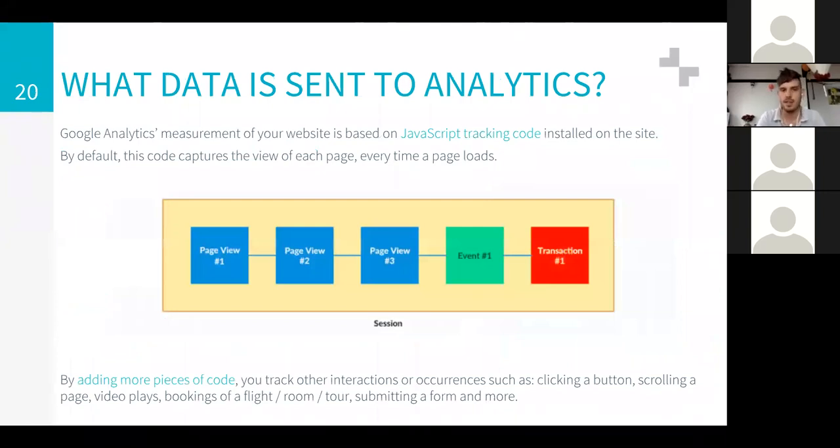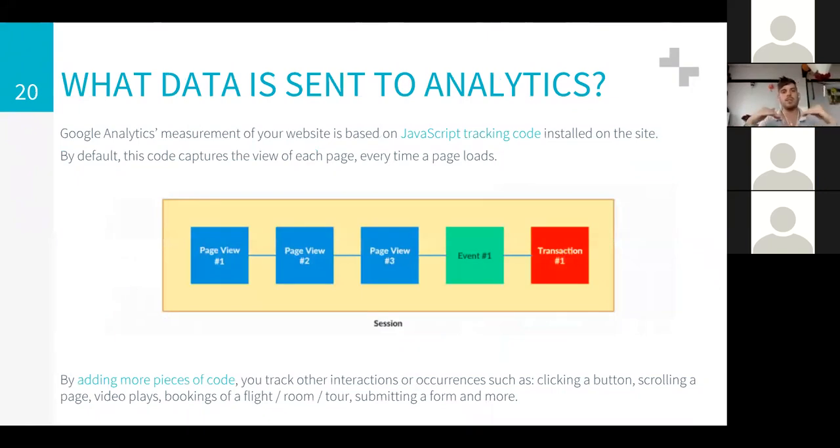How do we send data to Google Analytics? The first thing that we have is a piece of JavaScript code that we will have installed in every single page of your website. And what happens is, each time the page is loaded, we will load this piece of JavaScript code, and we will send information to Analytics saying this person has seen this page.